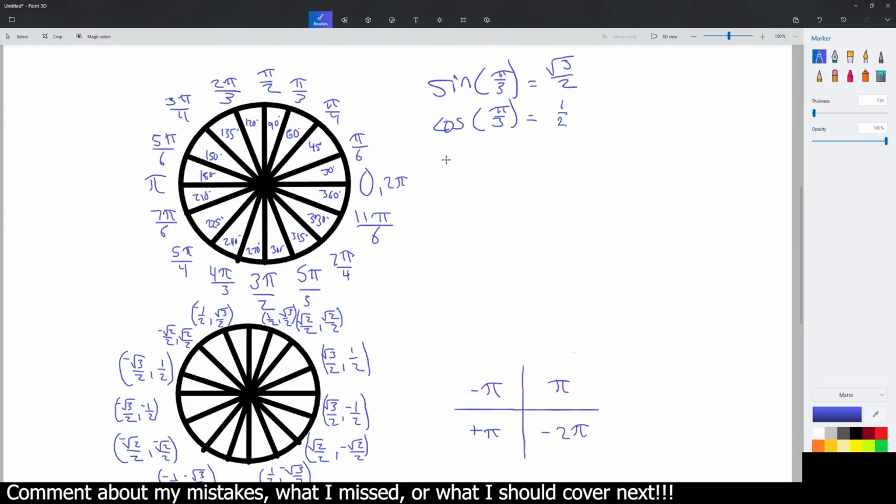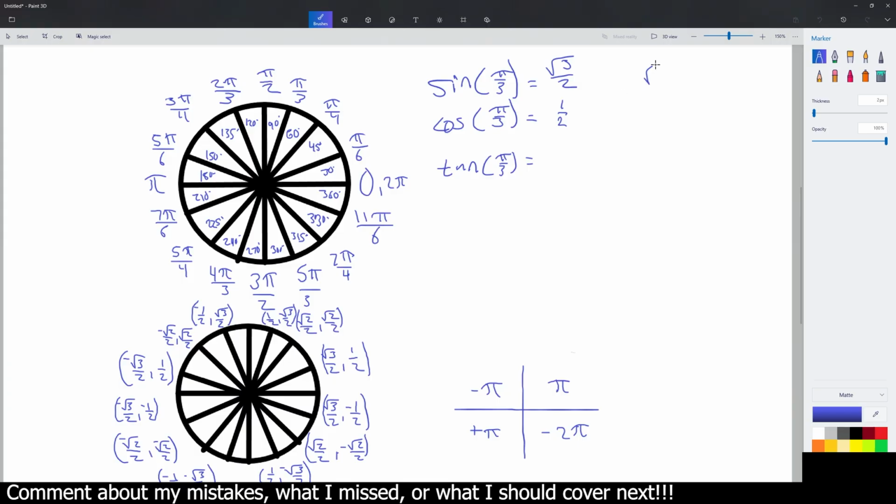Now, what is tangent of pi over 3? Well, this time we're going to do tangent y over x. So that means we're going to take whatever sine equaled, and we're going to divide that by whatever cosine equaled.